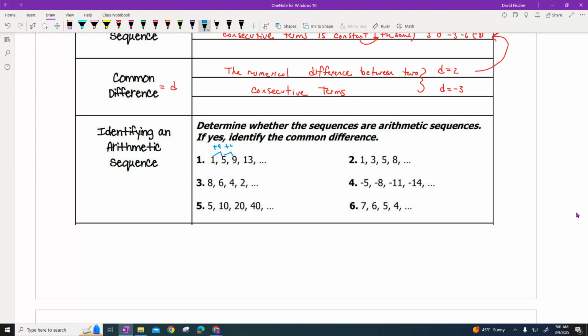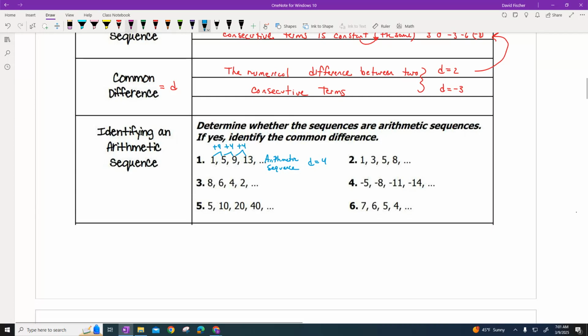Go up by 4 again. And go up by 4 again. So it is a sequence. And because they said, if yes, identify the common difference, my d is 4.